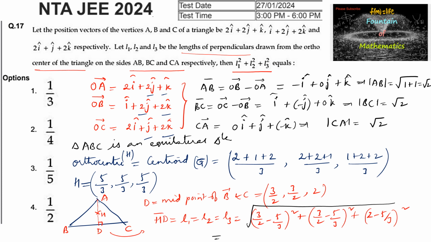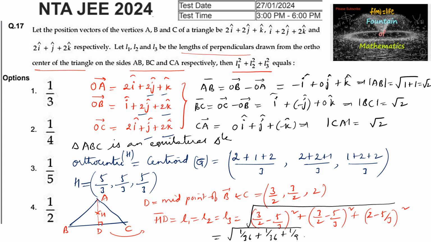And simplifying, you will get (9 minus 10) minus 1 by 6 whole square, that is 1 by 36. And here again the same 1 by 36. And here (6 minus 5) 1 upon 3 whole square, that is 1 by 9.